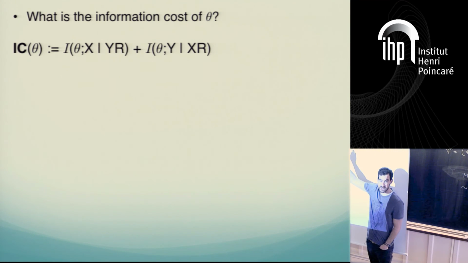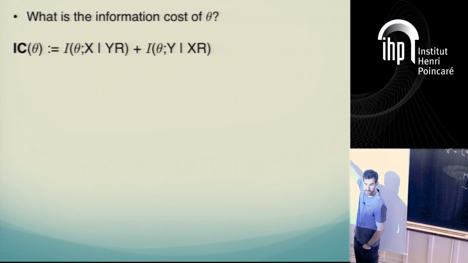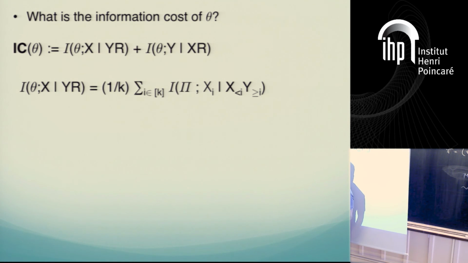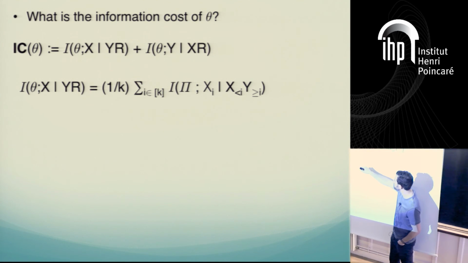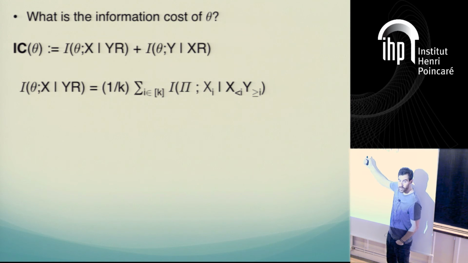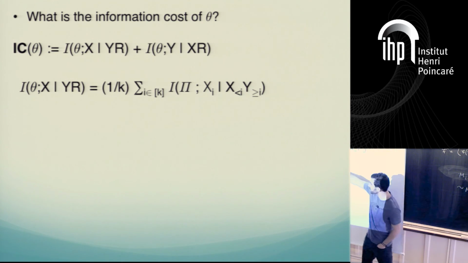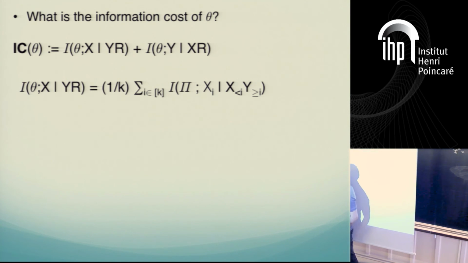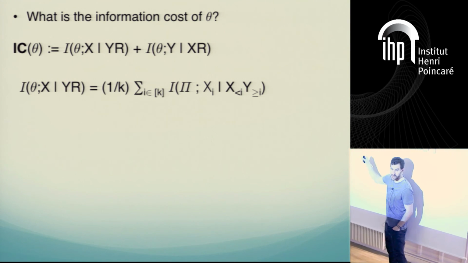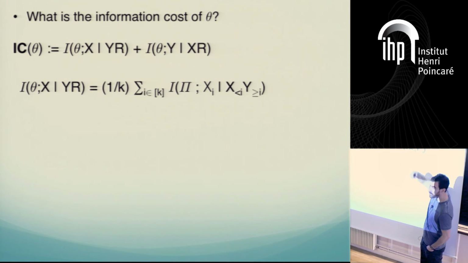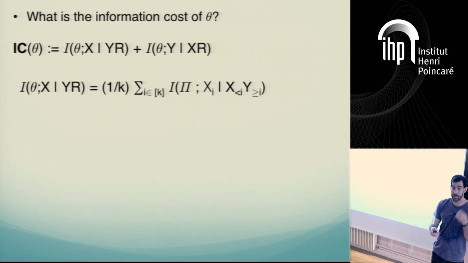So what is the information cost of this single copy protocol theta? Well, by definition, this is the information cost. Let's look at the first term; an analogous argument will apply to the second one. By the definition of conditional mutual information, the information that theta reveals on X, we just unravel the public randomness.